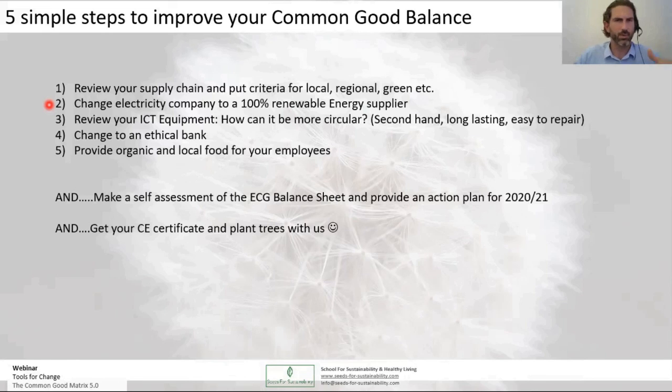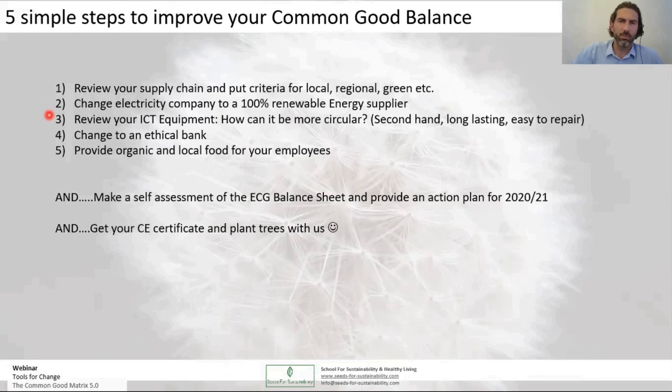So you can change to a company pretty easy. And nowadays, there's lots of companies offering 100% green. And then you can even go a step further and say, okay, I want it to be green and maybe a democratic company, if you want even to go further to demonopolize the energy market. That's for me one of the things I care about a lot.